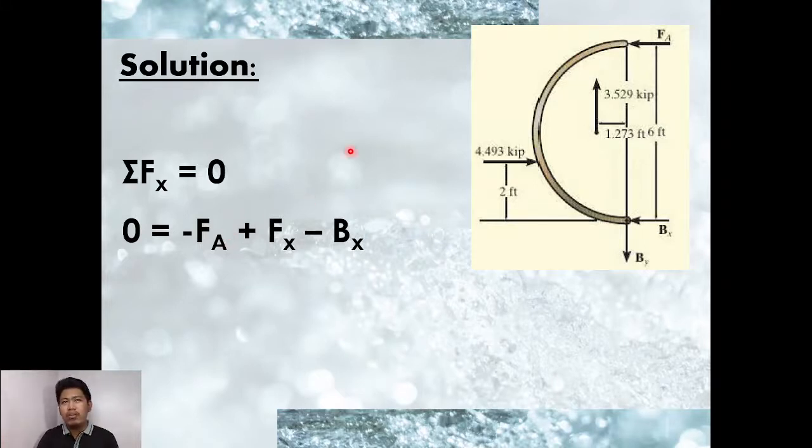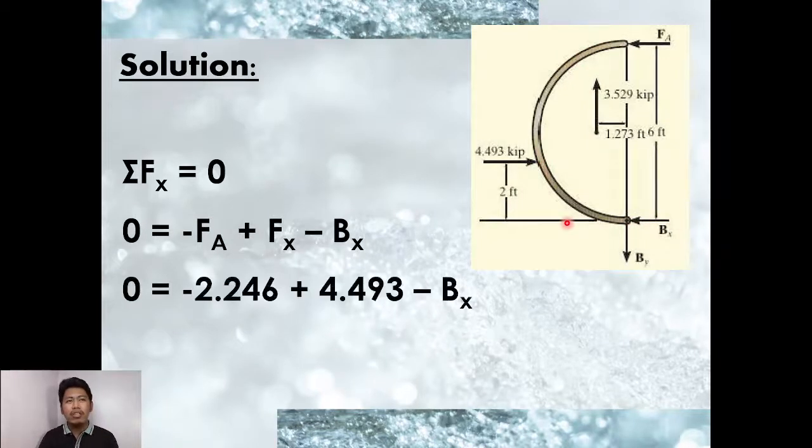So 0 equals negative F sub A, because it is leftward, plus F sub X, the component, minus B sub X, because it is leftward. So 0 equals negative 2.246 plus 4.493 minus B sub X. Running that equation, B sub X equals 2.25 kip. That is our answer for the horizontal component of the force at the hinge at point B.